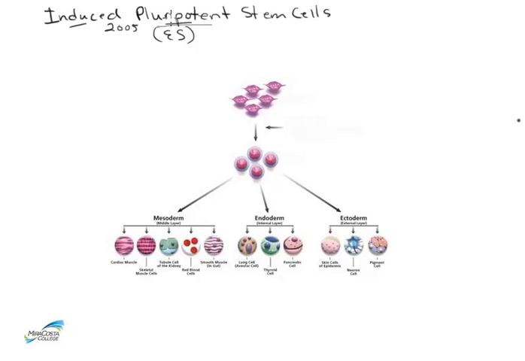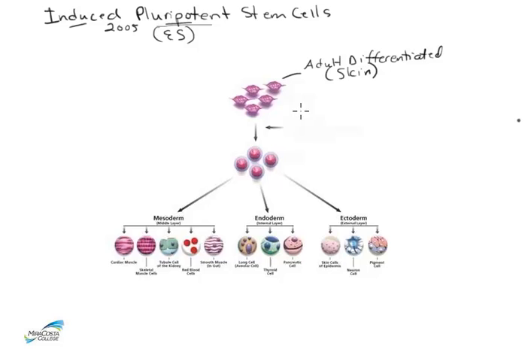So they don't start out as being pluripotent. They undergo some modification that leads them to be pluripotent. And to produce this population of stem cells, what you would actually start with are cells from the patient themselves, and these would be adult differentiated cells. So you could actually take a sample of cells from skin, for example.